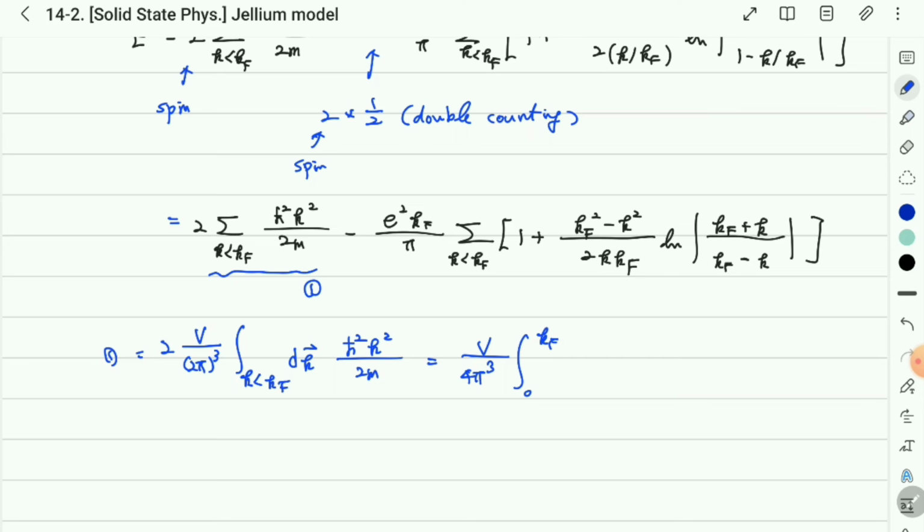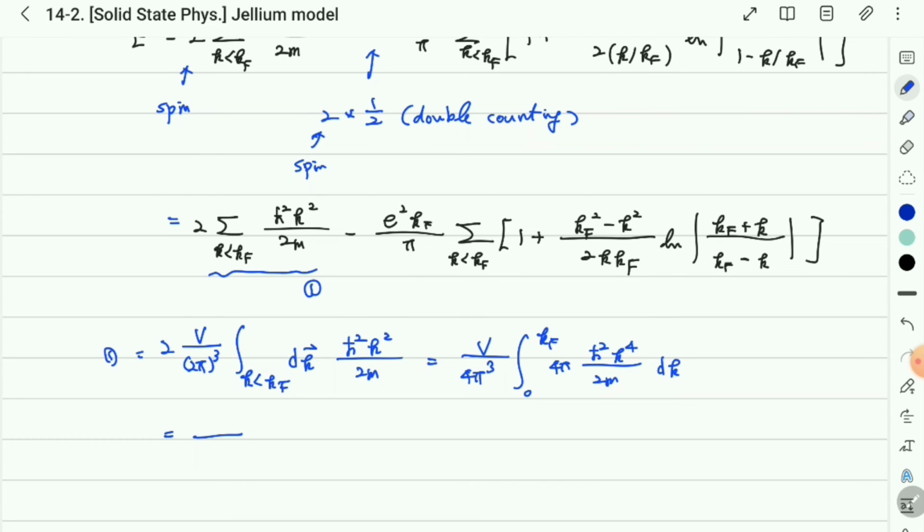Because it is 4 pi k square dk, it becomes h bar square k to the 4 over 2m dk. And then it can be calculated, and also the 4 pi cancel with each other.